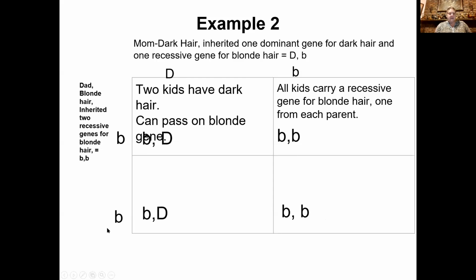Same thing with this kid, who inherited this blonde gene and this blonde gene. Both of these kids are blonde. And once again, when they have kids, all they will be able to do is pass on this blonde recessive gene. Their children aren't going to be blonde unless the mother has a gene for blonde hair also.